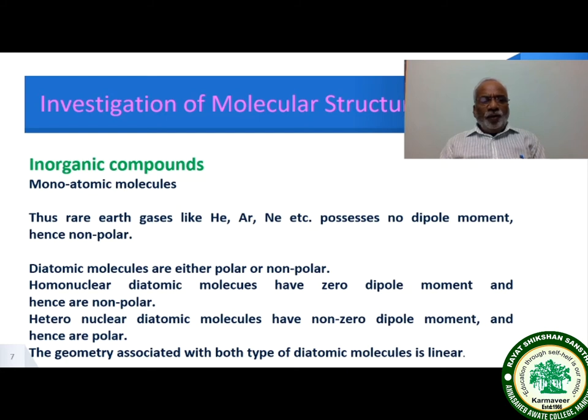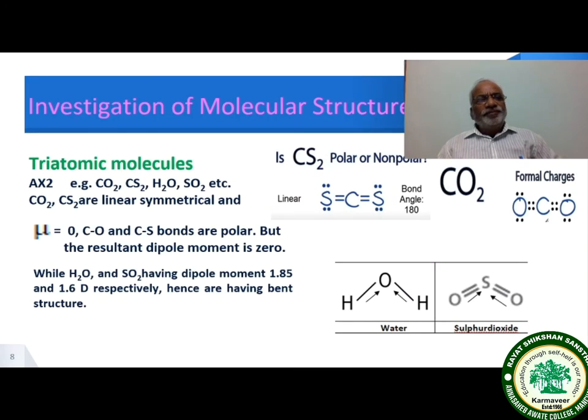In heteronuclear diatomic molecules, the dipole moment is non-zero and hence the molecules are polar in nature. The geometry associated with both types of diatomic molecules is linear itself.